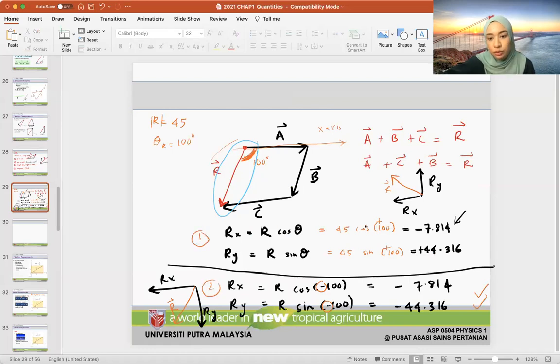The first one, we used positive 100 degrees because this is the angle with respect to the x-axis. In the second approach I used negative 100 because it's below the x-axis, so it shouldn't be the same as if it's up here. This is positive, so this should be a negative, right? I put in a negative 100 and it looked like it made sense. Okay, so that is one example.